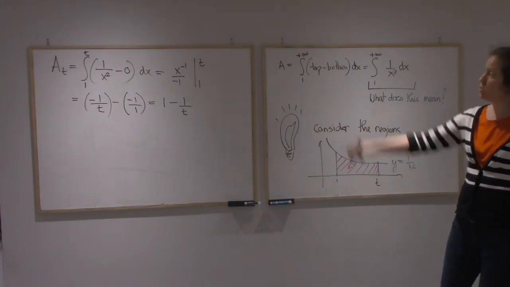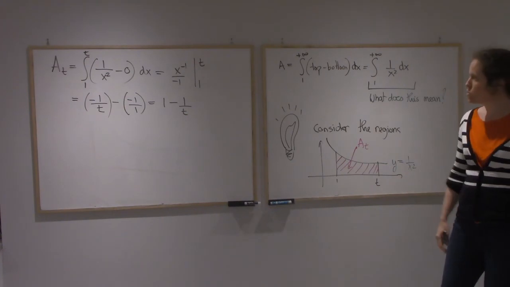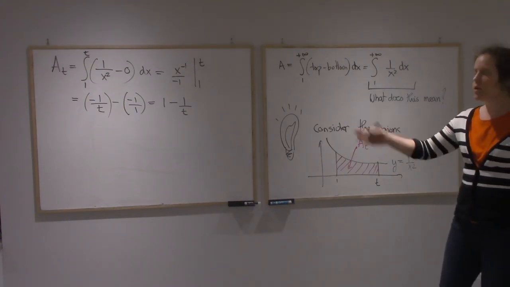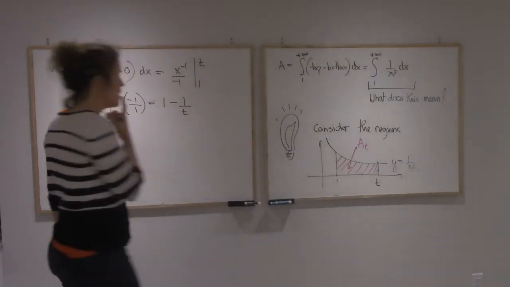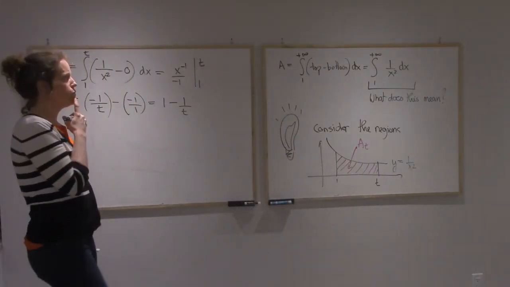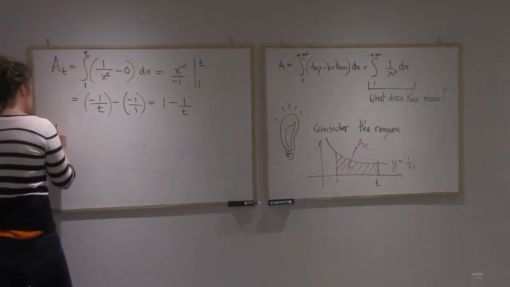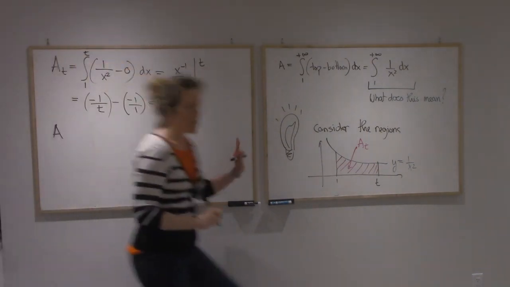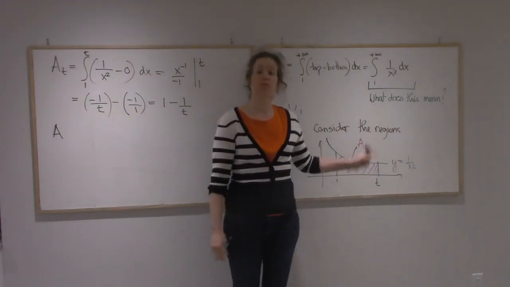So if t is 2, I get 1/2. If t is 4, I get 3/4. If t is 25, I get 24 over 25. But we don't care about 2, 4, 25. We care about infinity. So A, which is the region that keeps going forever and ever, should be the limit of these.